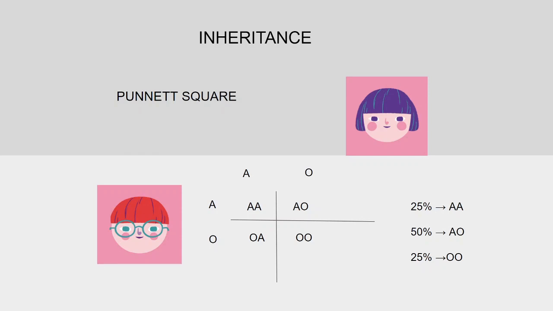And 1/4 would have the OO genotype. So this means 75% of children would have A in their phenotype, since AA and AO make blood type A, but 25% of children would have blood type O in phenotype since OO makes blood type O.